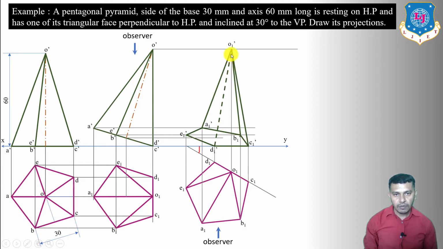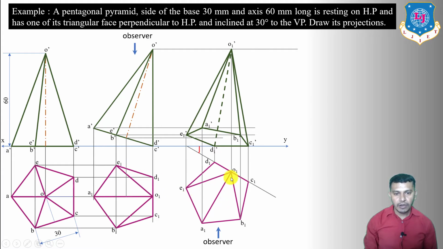So we can say that O1 dash D1 dash is going to be hidden because the rule is two visible lines will never intersect and two hidden lines will never intersect. Now we have to connect the last edge, which is O1 dash E1 dash. It is going to be visible also, because in between O1 dash E1 dash we don't find any visible outline of the base, or no visible outline is intersecting O1 E1.